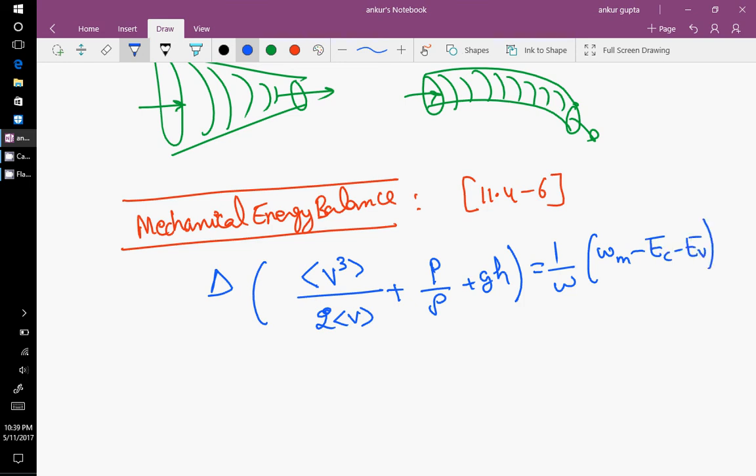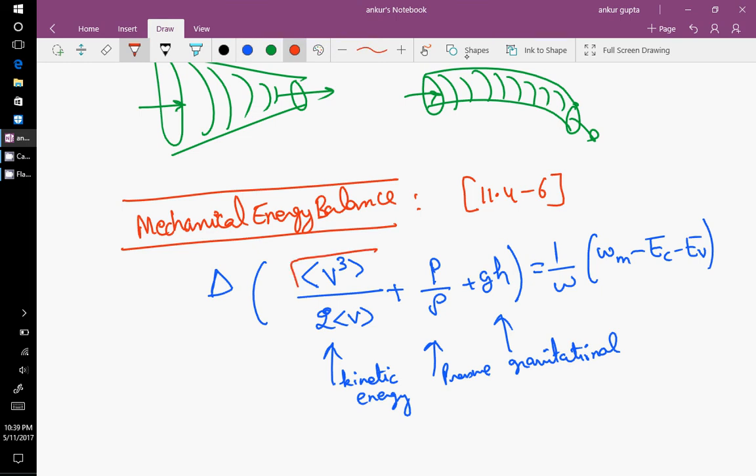Okay. So what is this equation of mechanical energy balance saying? So this part is the kinetic energy, this part is the pressure energy, hydrostatic energy, this is the gravitational, and again like momentum balance, mean of V cube is not equal to mean of V whole cube unless the flow is turbulent.